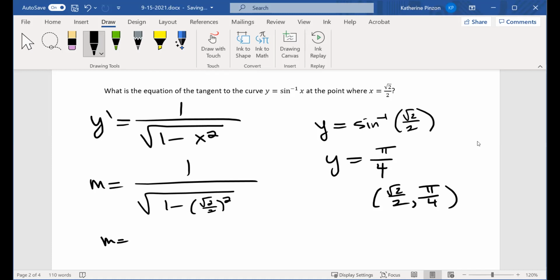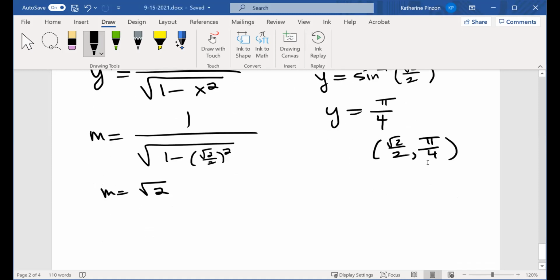Let's see, this is 1/2 square root 2. No. Maybe. Let's see.